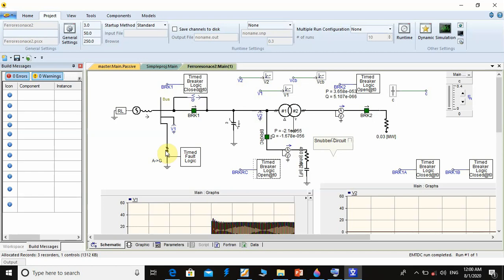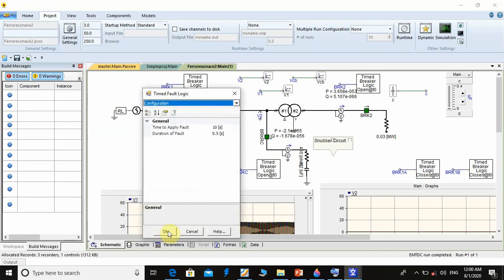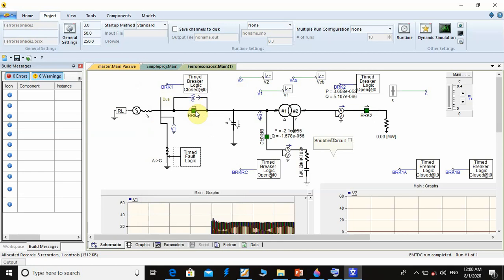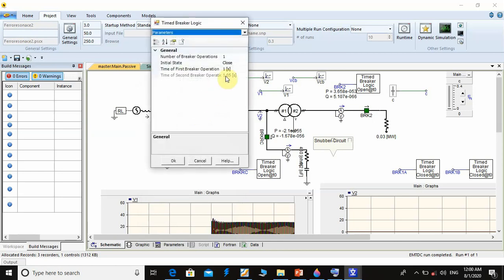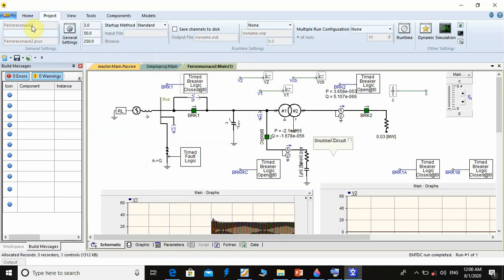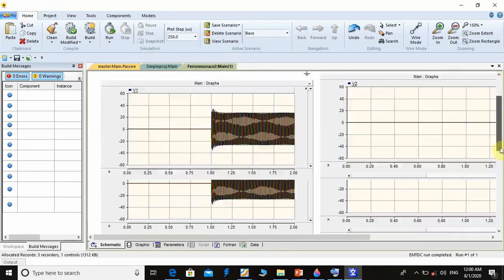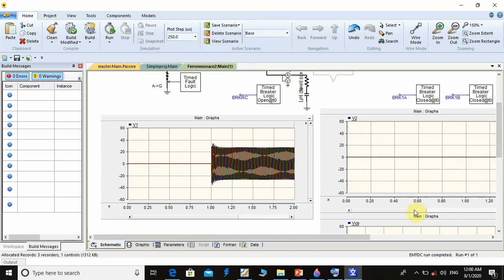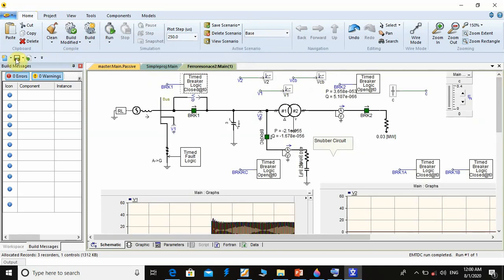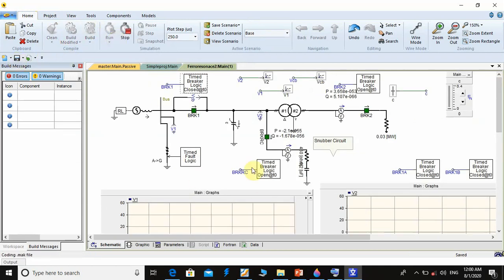And here I have an earth fault, but at this time also off. Okay, save, run.